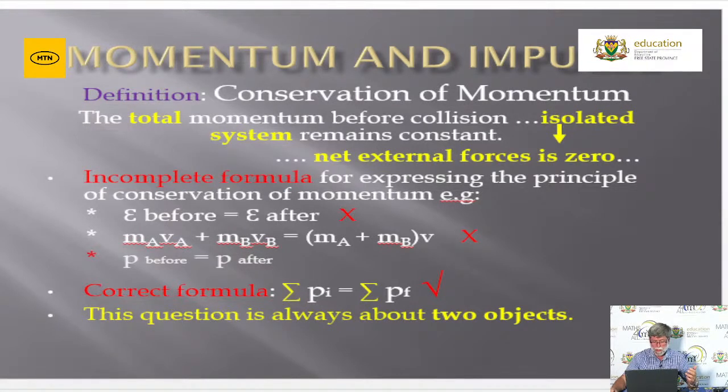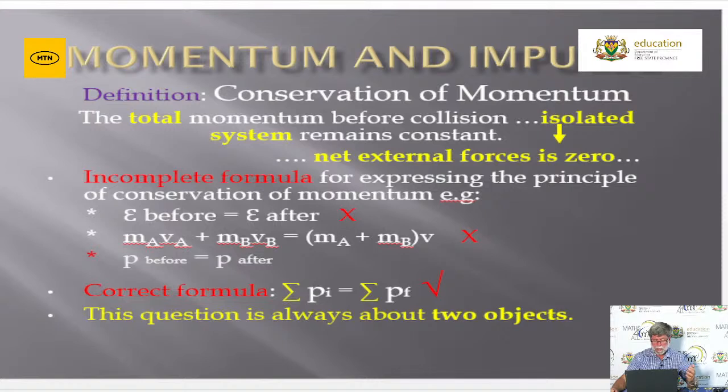Or they use a more proper formula, mA times vA plus mB times vB equals etc., but now they omit the initial or the before. mA, vA, before or initial, etc., and then on the right-hand side indicate that it is final or after collision. That is also an incomplete formula.